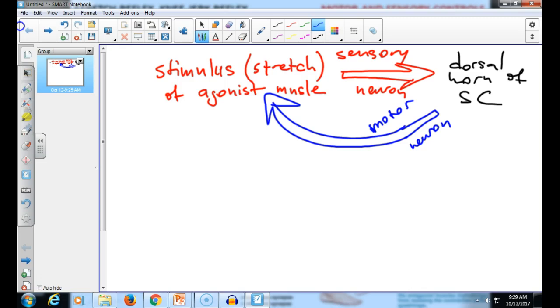What does it do to the agonist muscle? Contraction. Does that make sense?